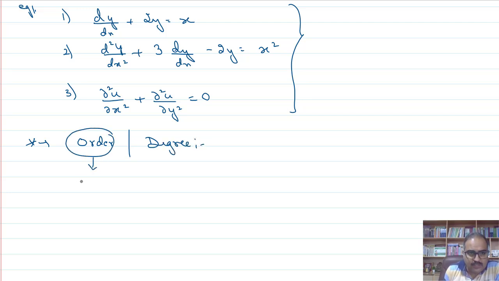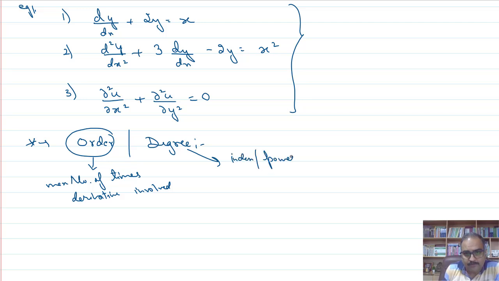Basically, order deals with the number of times derivative is involved, we can say the maximum number of times, and degree means the index or power of the highest order derivative involved in the equation.